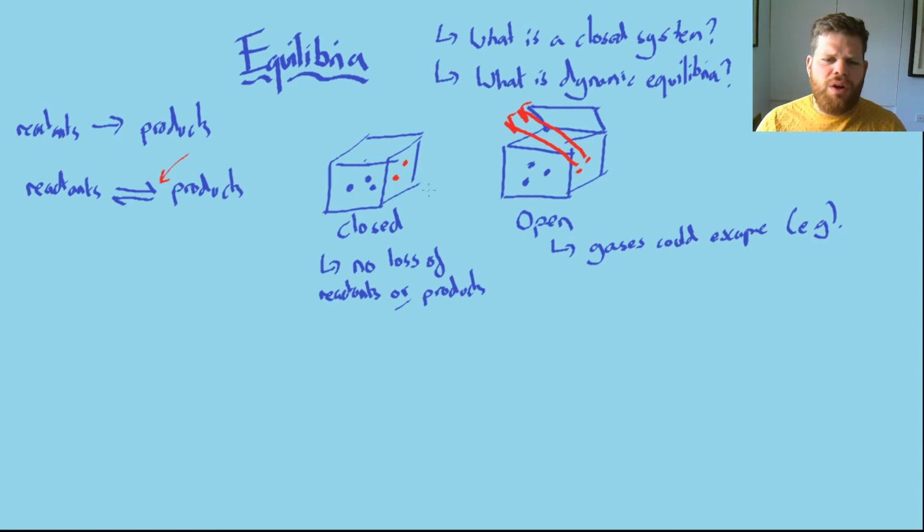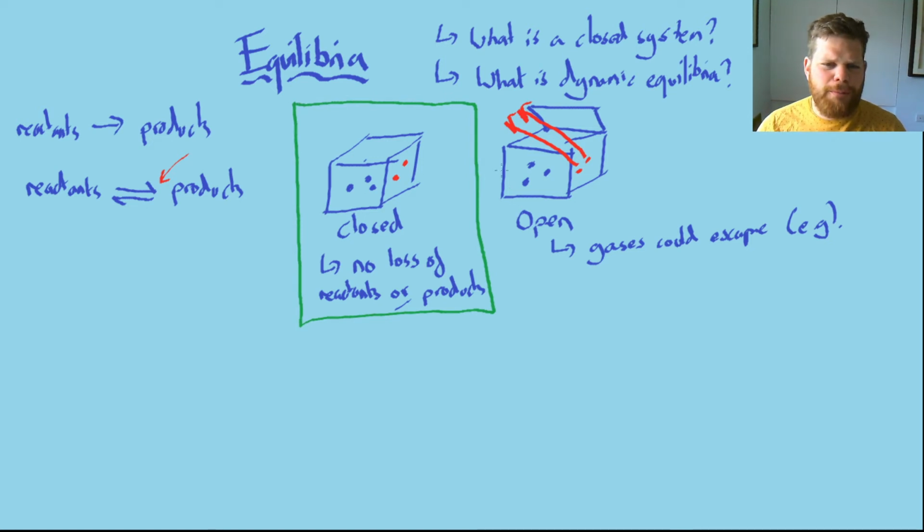So this concept of dynamic equilibrium only happens in these closed systems here, where our products and our reactants cannot be lost.